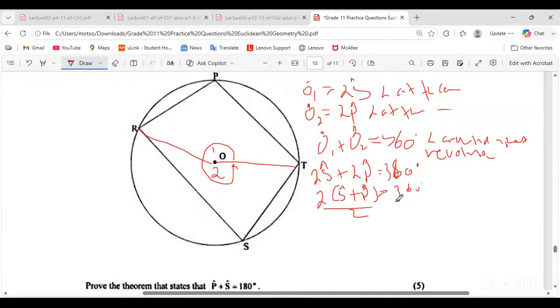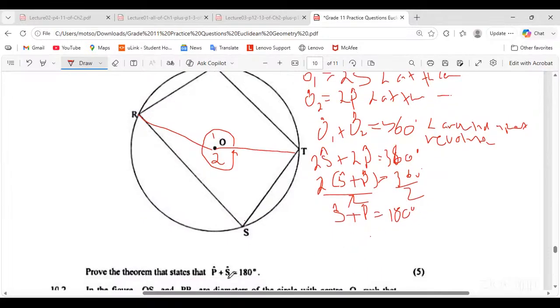You divide by 2 on both sides. You are left with S plus P, which is equal to 360 degrees divided by 2, which gives us 180 degrees. Now we have proved that the sum of S and P is equal to 180 degrees.